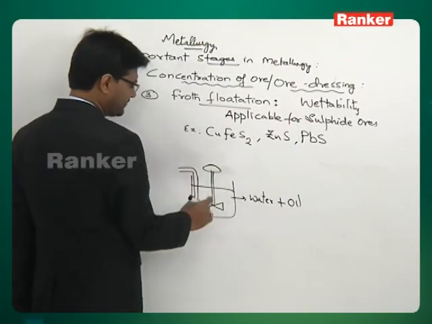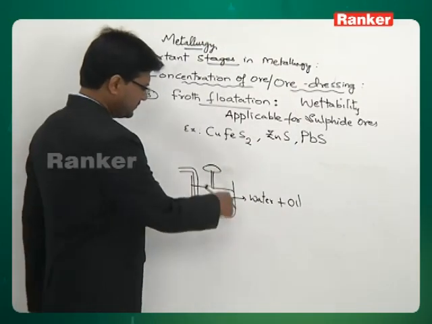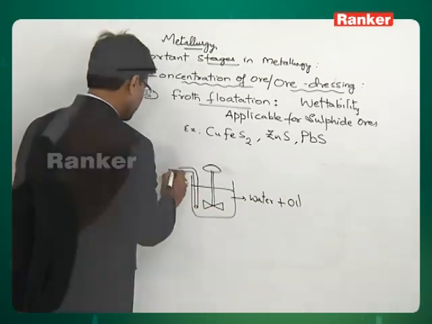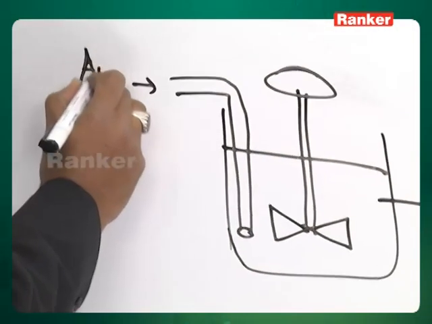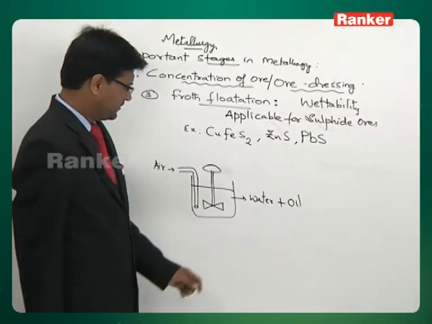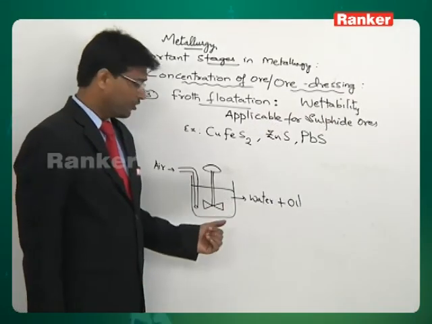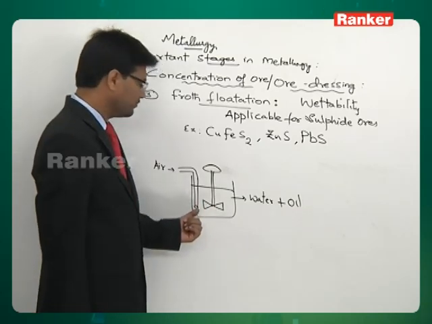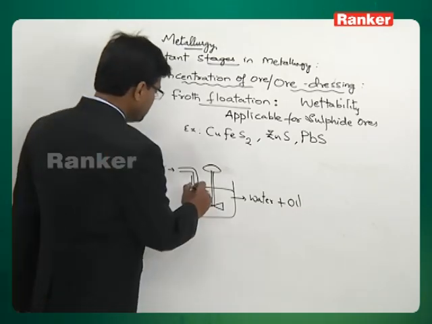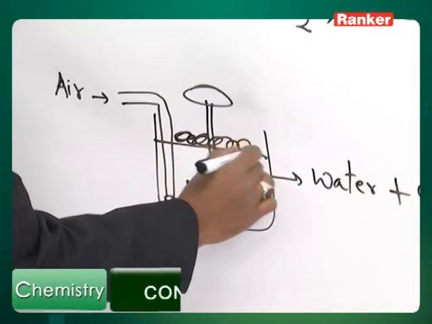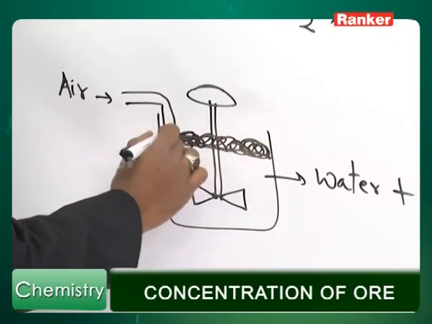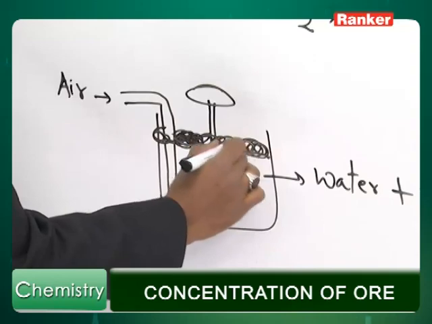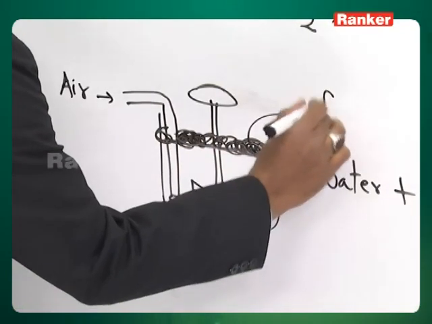If you rotate it, the liquid gets agitated. From here you need to blow air. Inside you have water and oil. You are agitating the mixture and also blowing air, so a froth is formed on the surface. This froth is formed due to oil. So this is the froth.